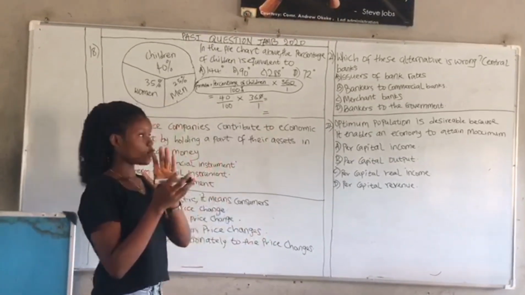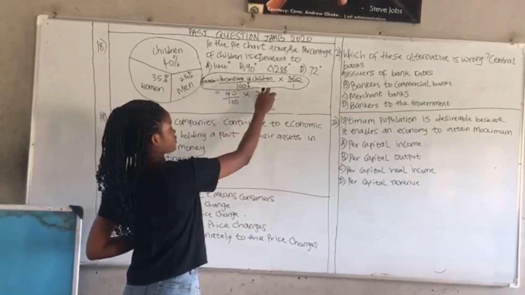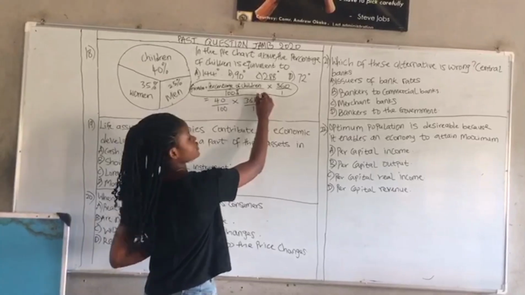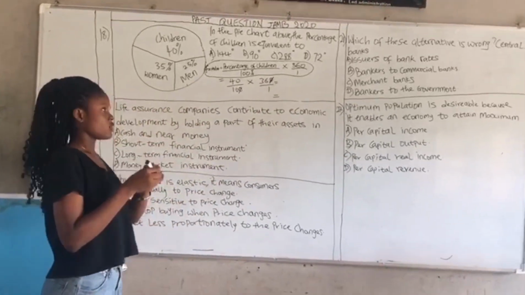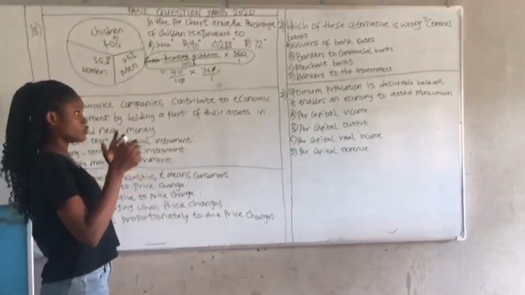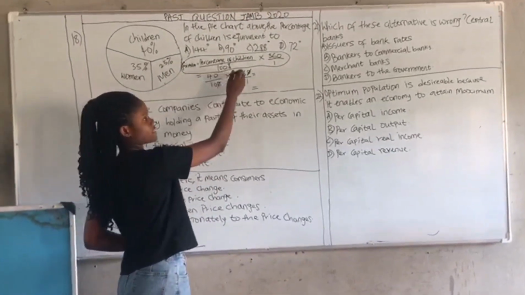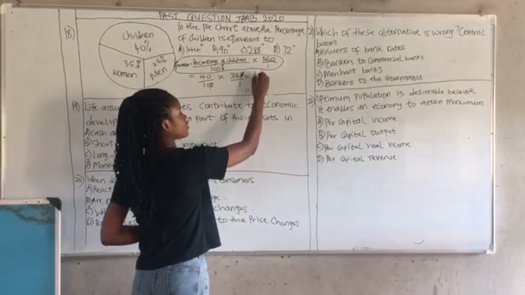In order to make it easier in division, instead of pressing 40 times 360 divided by 100, you easily cancel out the zeros. After cancelling out the zeros, you press your calculator or you multiply on a square paper. You multiply 40 times 36, which will be equal to 1,440.